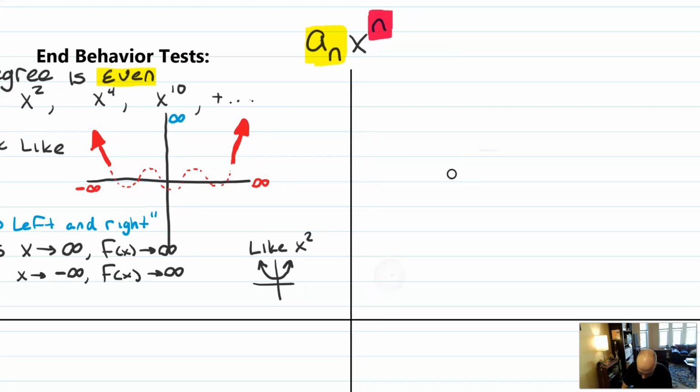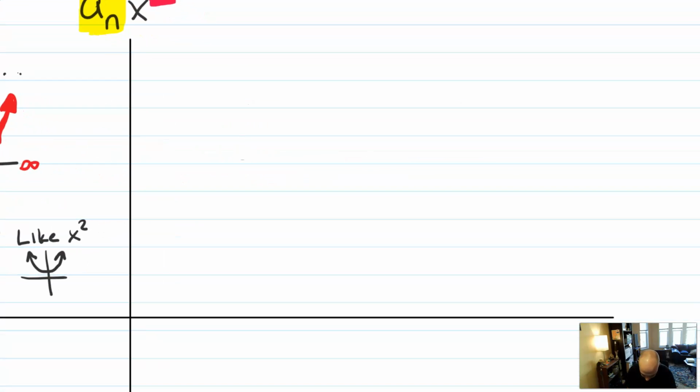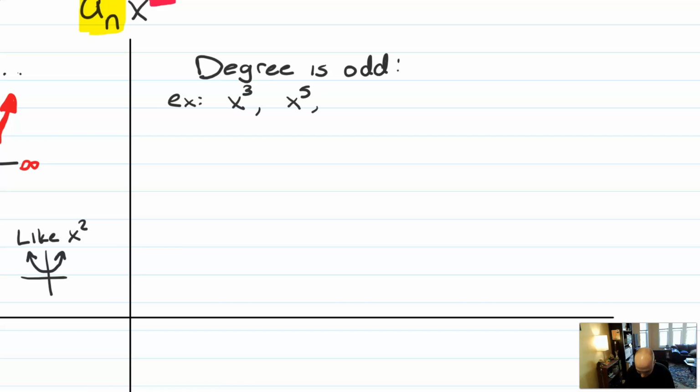What if the degree is odd? So our examples would be x to the 3rd, x to the 5th, x to the 117th, and so on. If the degree of your first term is odd, then your graph will look like this.